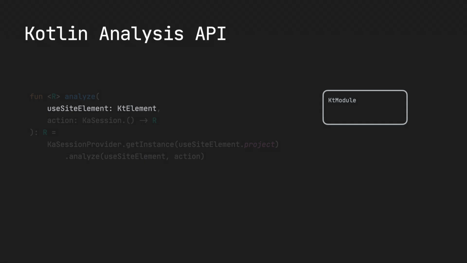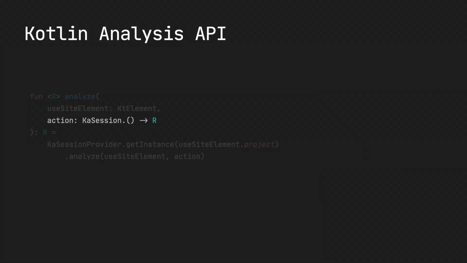The KT module could represent a group of declarations, and you could do analysis on that whole module. For example, in the Kotlin Swift export tool, there is something called an SIR module for it, and you could give this module to this analyze method. And again, you could also give it just one KT declaration if you want.